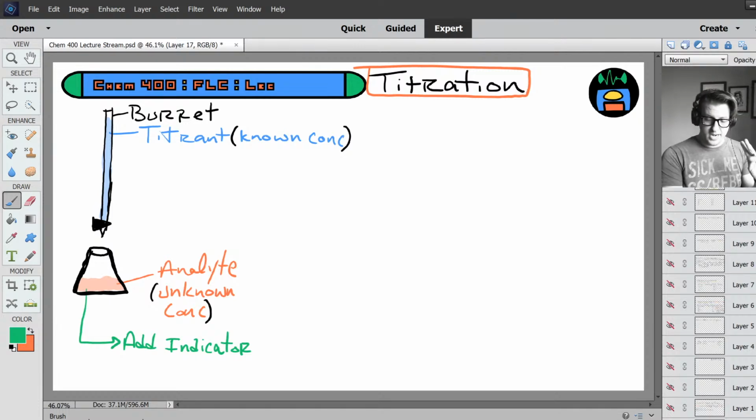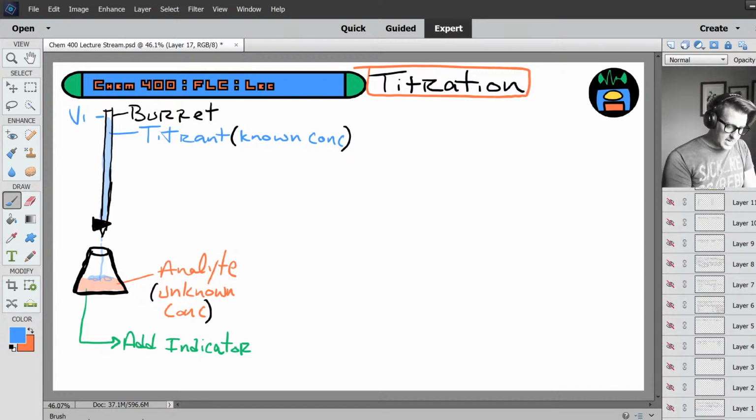So when your reaction is over, it'll change color, because what we're going to be doing is adding from our burette our titrant until, so we've got our initial volume here.